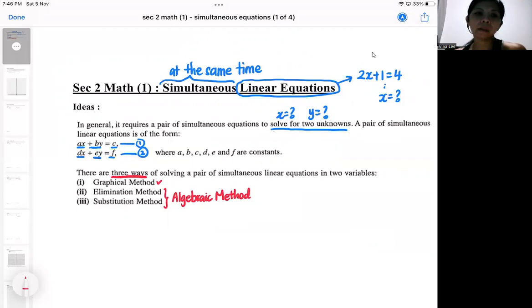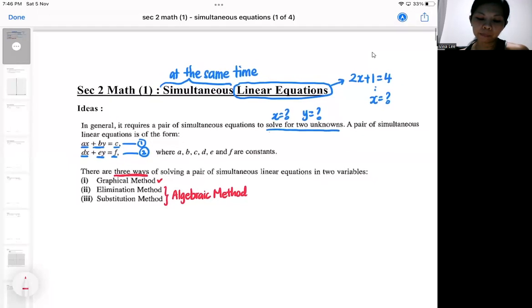That means you cannot subject yourself to a lot of careless mistakes. From here, in the transition from Sec 1 to Sec 2, you should upgrade yourself to minimize carelessness. When you do things, be more mindful. This is the first algebra that you're going to encounter, and a lot of algebra will follow, but this one will be the first idea of algebra in Sec 2.